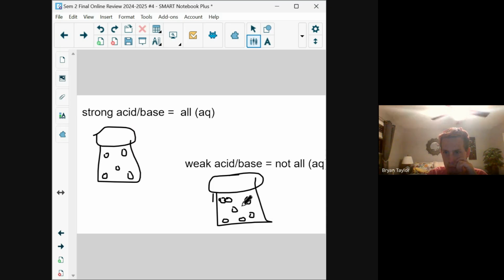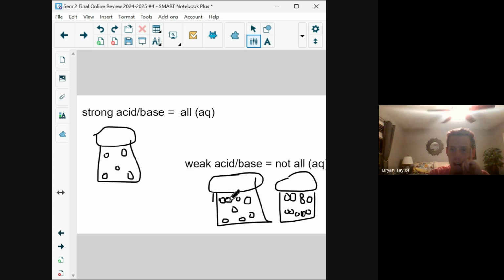Even if it's just one little piece, or maybe a lot of pieces that aren't broken. This is in the simulation too, if you remember. It was gray. Either one of these, it's not all broken. These are weak. So essentially, if everything is broken, that's aggressive.